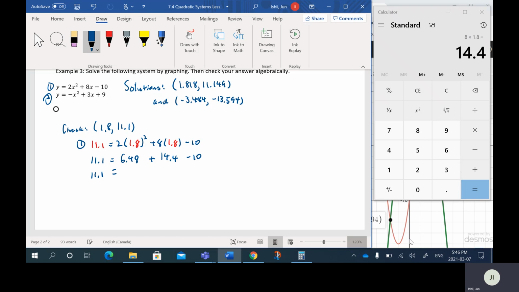All right, so let's just add those up together. So 14.4 plus 6.48 minus 10. I get 10.88. Oh, that's actually a big difference. All right, you know what?